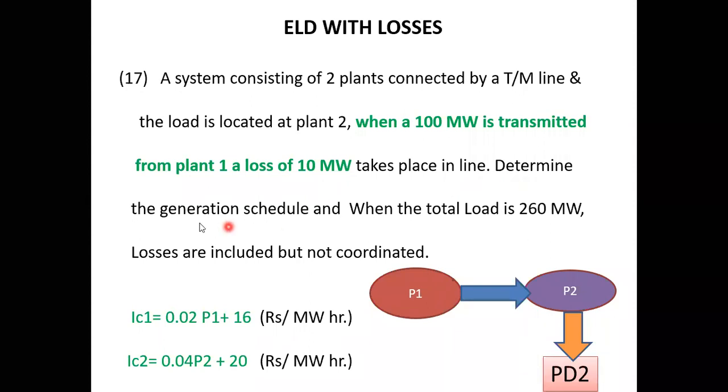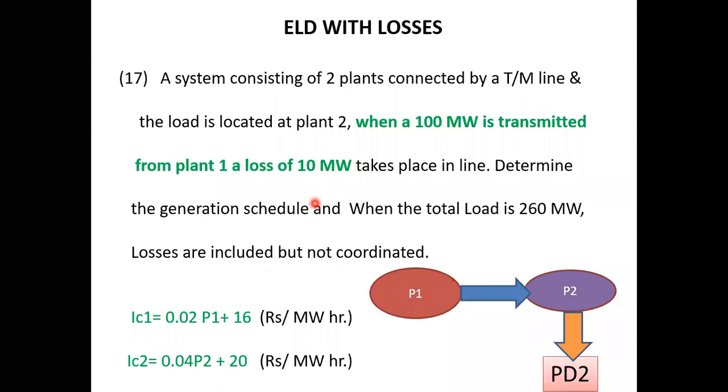Find the generation schedule when the total load is 260 megawatts. The most important point in this problem is that losses are included but not coordinated. What is the meaning of losses are included but not coordinated? I will explain this point in our solution.